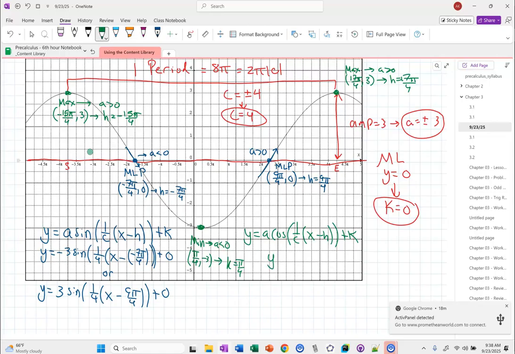Mr. Smith, yes, sorry, can we go back? How did you get that 15 over 4 again? I rewrote negative 3.75 as a fraction. So this is the negative 3.75 pi, because it's the tick mark in between -4 and -3.5. Okay, yeah.